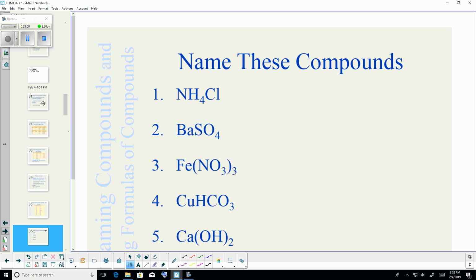The third one, NO3 is nitrate. Iron 3 nitrate. We got to use the Roman numeral because iron has more than one possible charge. How did you know it was 3?